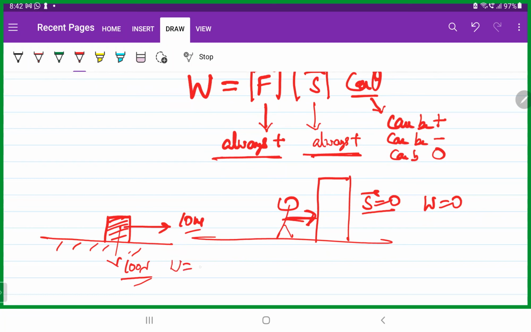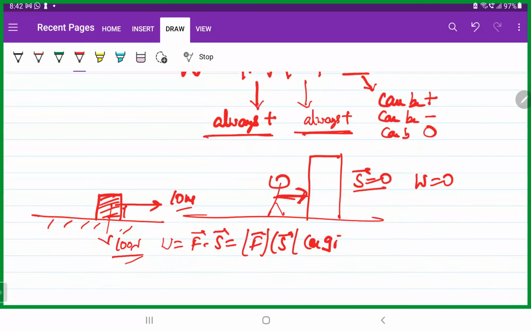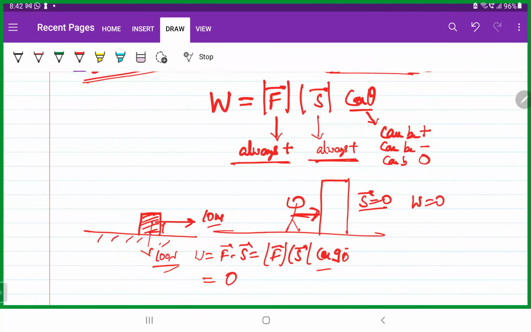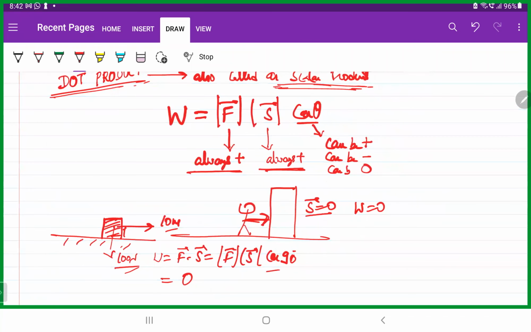But in this case also work done will be zero, because the angle between force and displacement is 90 degrees. The moment theta is 90, work done will be zero. So we can say work done will be zero if the angle between force and displacement is 90 degrees.